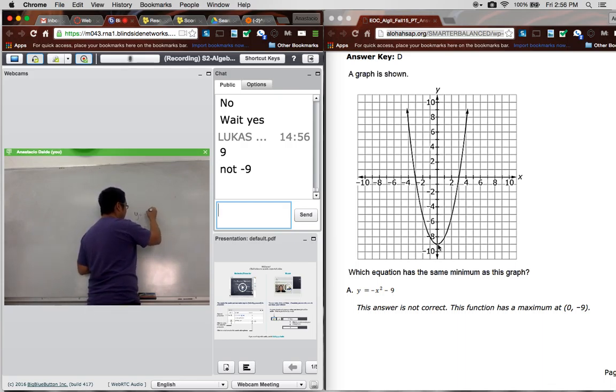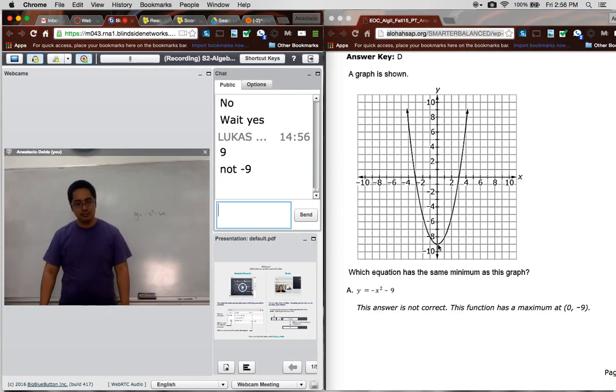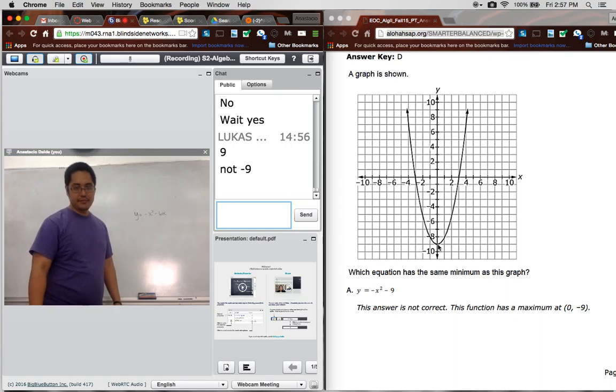What about this? -x squared minus 6x. Gosh, I realize this actually isn't as easy as I want it to be.